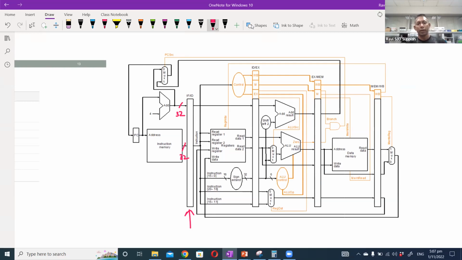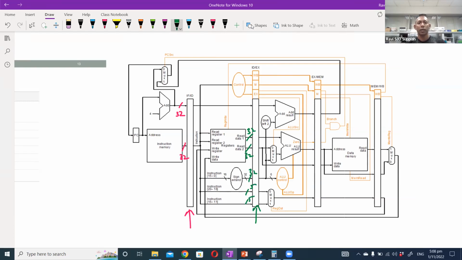But if I go to the next stage, you see that I have a lot more information to store, because each of the data that I read is 32-bit. When I sign extend, this is 32-bit. Then I have another 5-bit here for the register destination, and another 5-bit here as well.